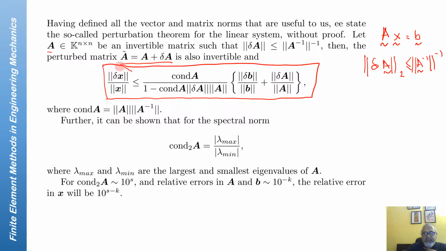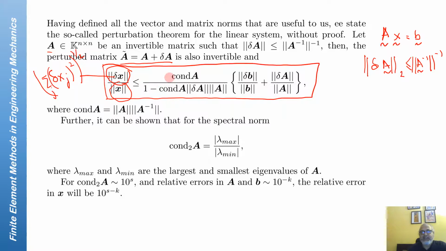This is the norm of delta x, the error in x, divided by the norm of x. Both of these are scalars, so you can divide them. According to our definition, this is the summation over j of xj squared, to the power half. This is the L2 norm. This is the relative error of the norms.